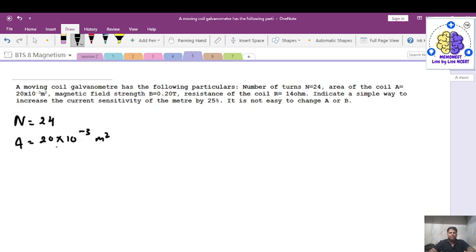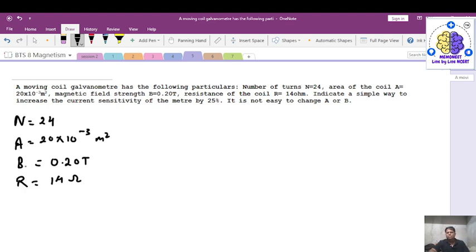And the magnetic field strength B is equal to 0.20 Tesla, and resistance is equal to 14 ohm. These are the data being given to us.